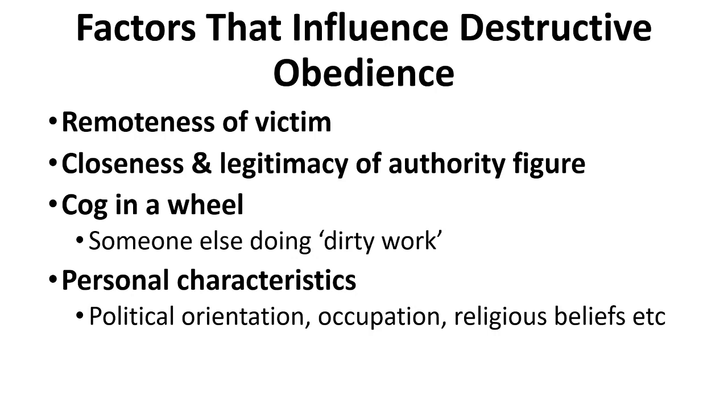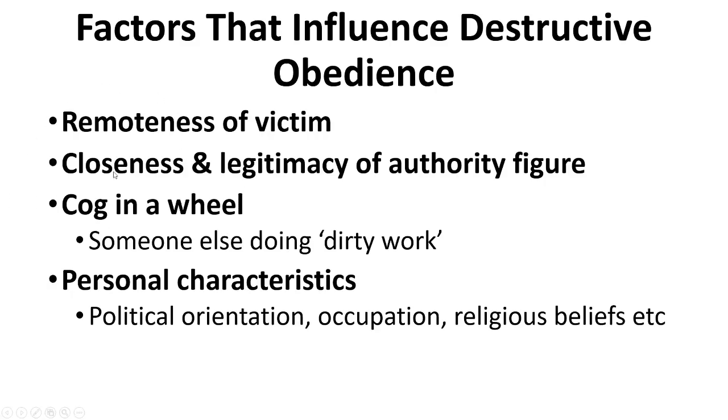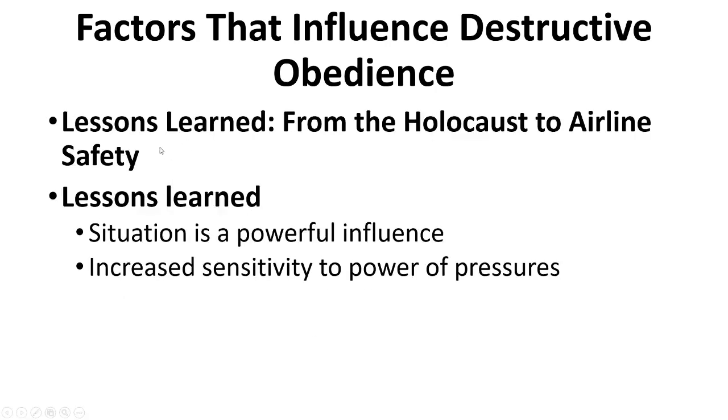And I'm talking about this in terms of, again, this obedience study, but you can start seeing how a lot of this would apply to things out in the real world. Things like people who were involved in the Holocaust. A lot of these factors were fairly well exploited to try and get people to go along with what was happening during the Holocaust. And we see problems with this even to this day.